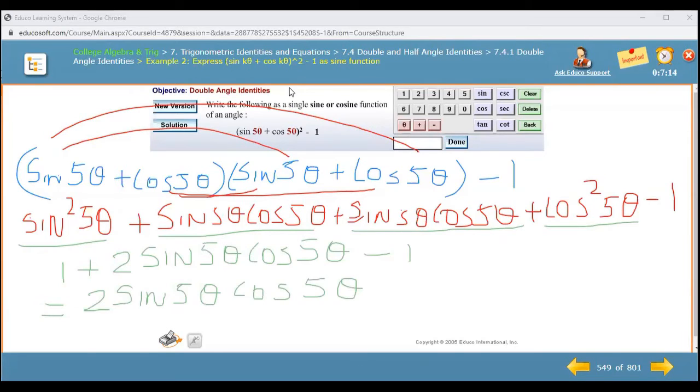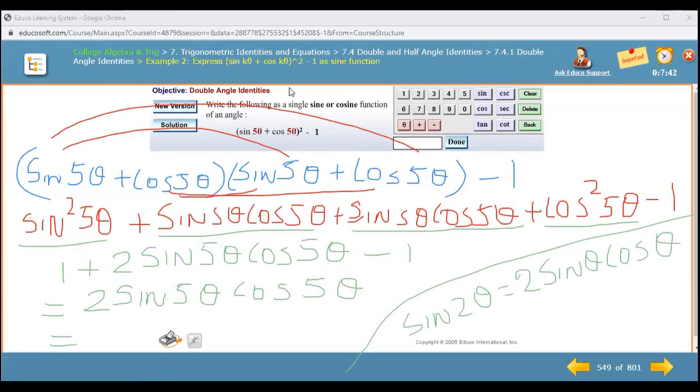All right. According to the double angle identity, can you give me the final answer? Any one of you? Now, if you remember the identity says what? Identity says if it is sine 2 theta, it is 2 sine theta cosine theta.